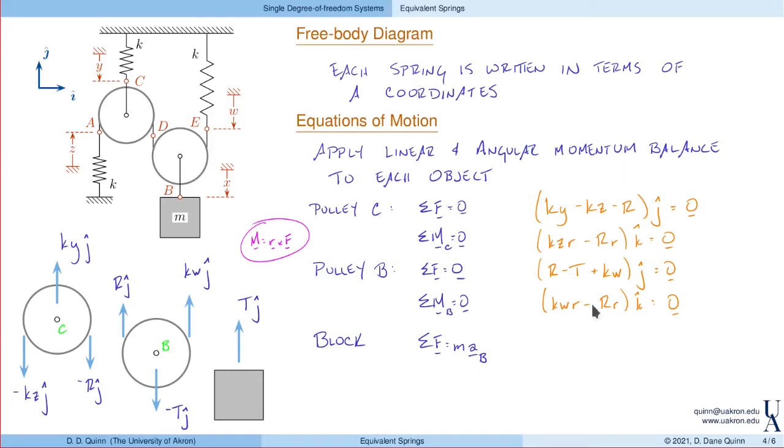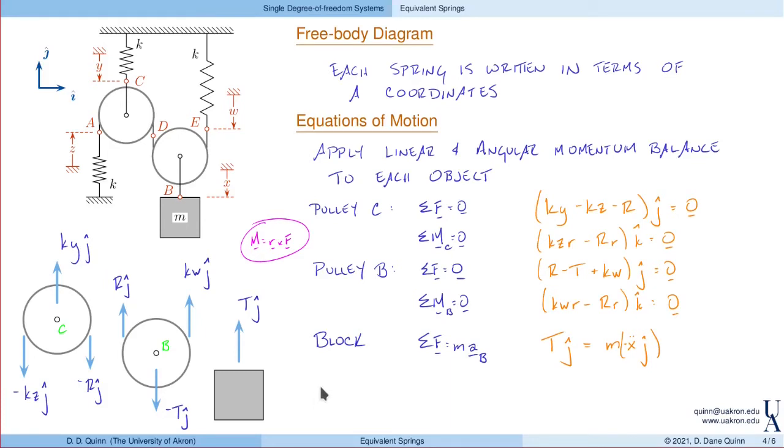So this provides to us T in the j direction. That's the only force that acts on this block. I'll remind you we're measuring from static equilibrium. So we've neglected gravity. And that equals M times minus x double dot in the j direction. Because, of course, x is defined positive down. So these are our equations.